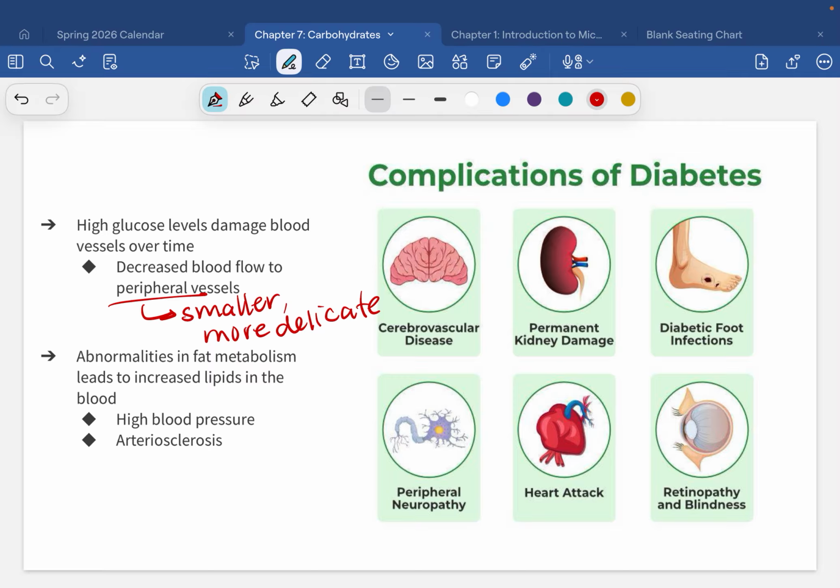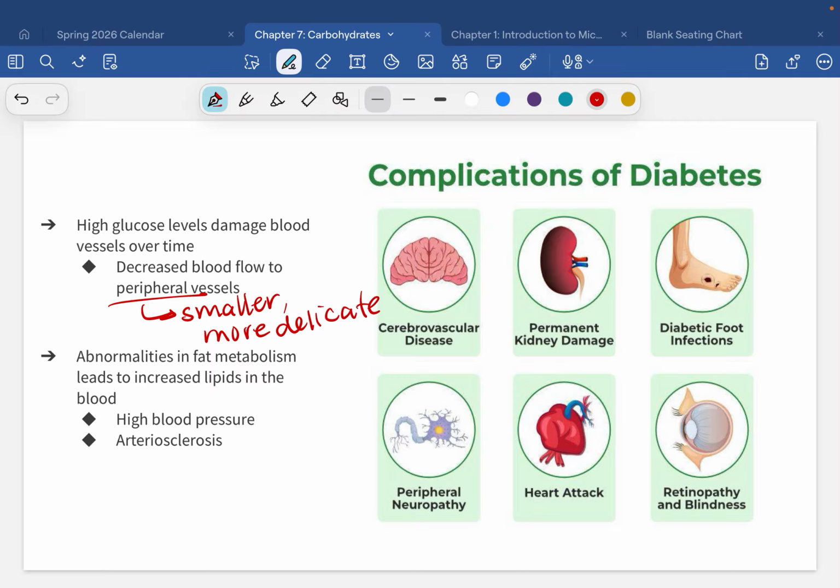The blindness and the kidney damage are, again, because those blood vessels are so tiny. The blood vessels in your eye and in your kidneys are small and delicate, and they're easily damaged. Also, with any form of diabetes, you're going to have abnormalities in fat metabolism.